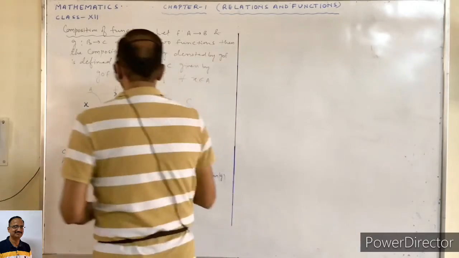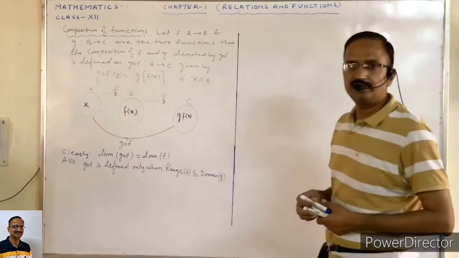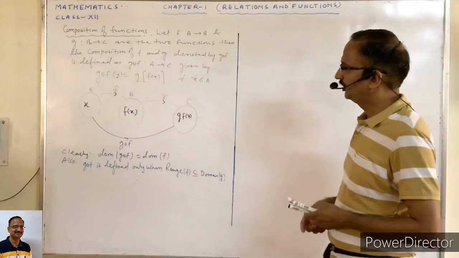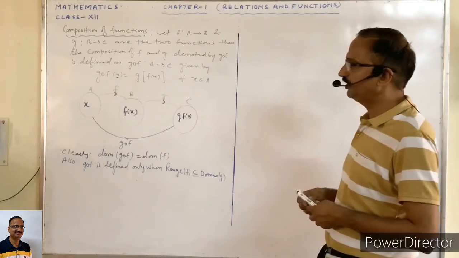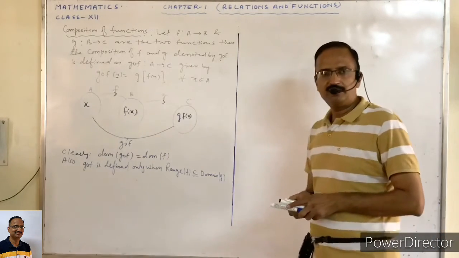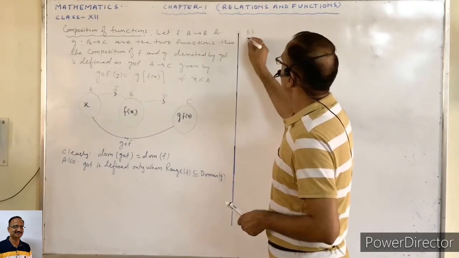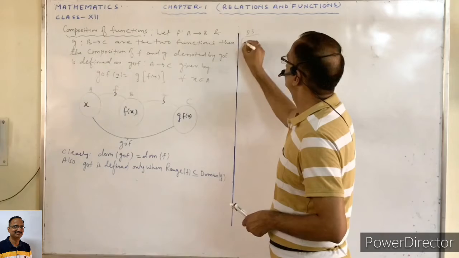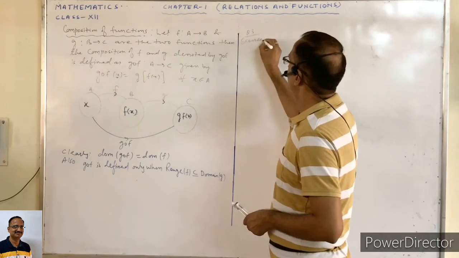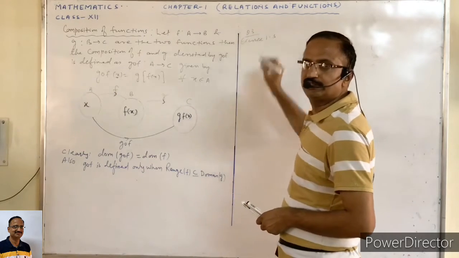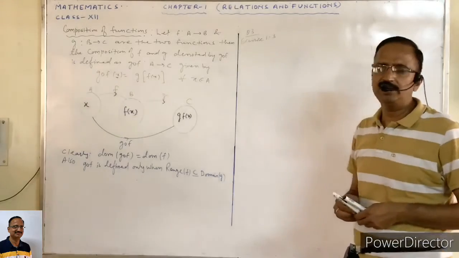Now I am considering two examples of how to find gof and fog of functions. This is question number 3 of exercise 1.3 of the NCERT textbook.